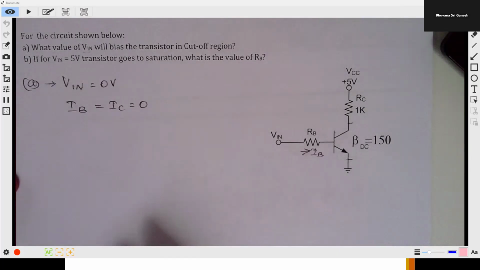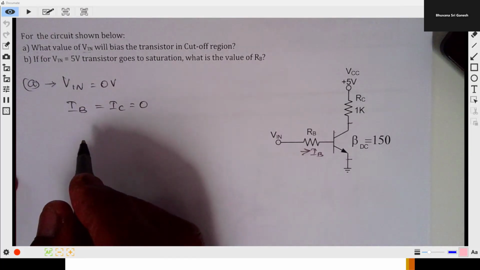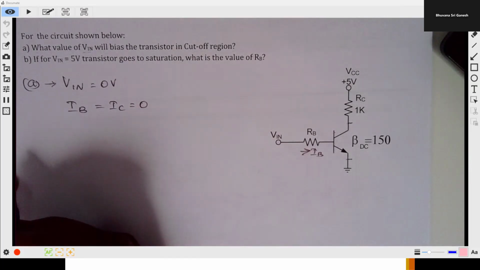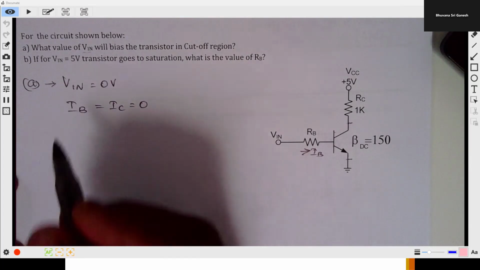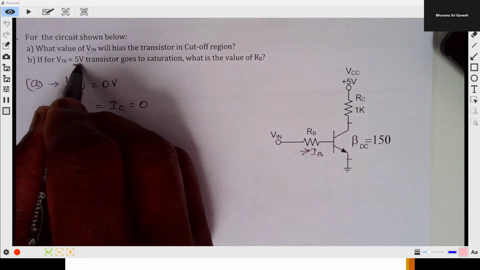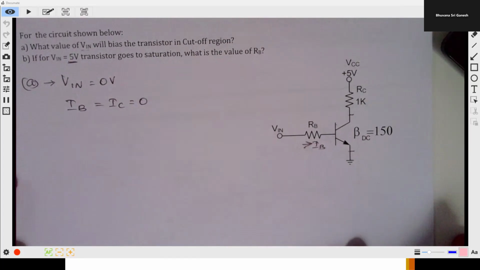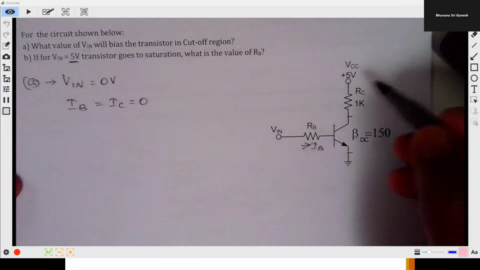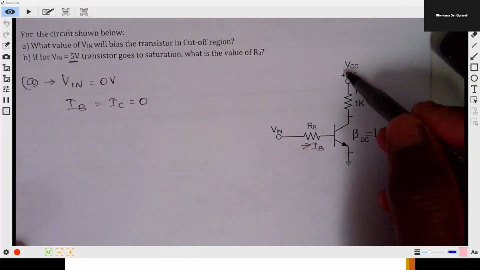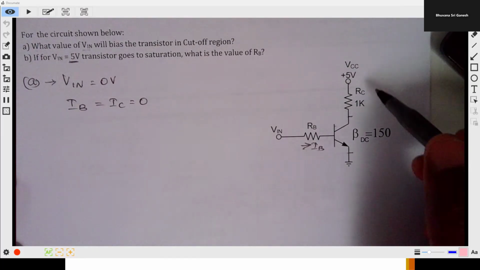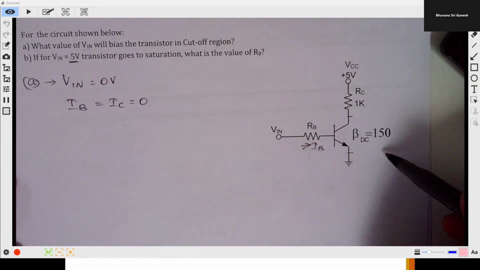Now Vin is going to be 5 volts, and we have to calculate the value of RB. For that we have to get the value of IC, then use the value of beta DC, and then calculate RB.